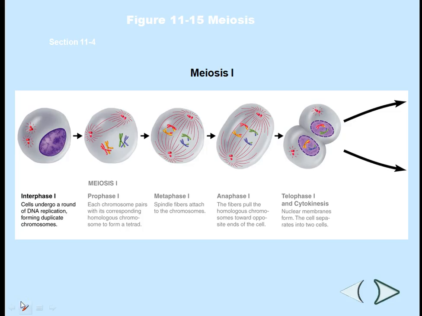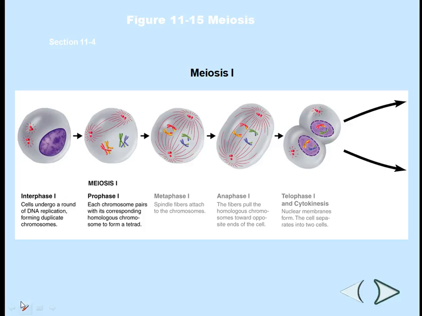Okay, so let's walk through the phases of meiosis real quick. Remember, in interphase 1, we have G1, S, and G2, where the DNA is being replicated. The cell's actually doing its job. And then during G2, the new cell parts are going to be made.